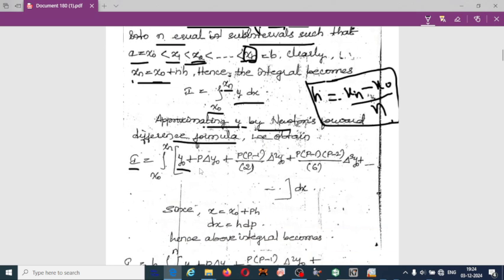With the help of the numerical differentiation formula, if you study numerical differentiation, you can understand this formula. P is the interval: y naught plus delta y naught plus p into p minus 1 divided by 2 del square y naught and so on.